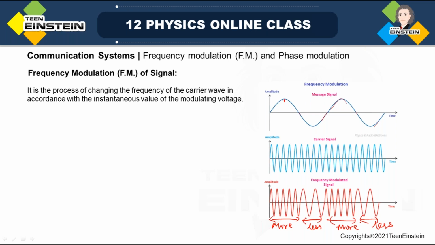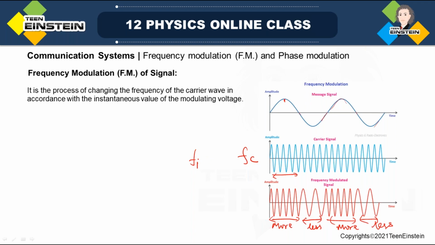The amount by which the frequency of the carrier wave changes or shifts. Look here, actually, this is the original frequency, right? But this original frequency is not remaining here. According to this variation of the amplitude, this modulated wave has more or less frequency than the carrier wave. The carrier wave has frequency, suppose fc, and the modulated wave has frequency, suppose f1.